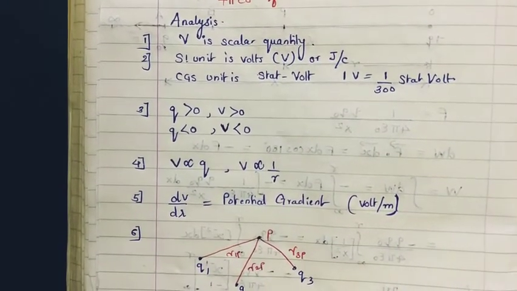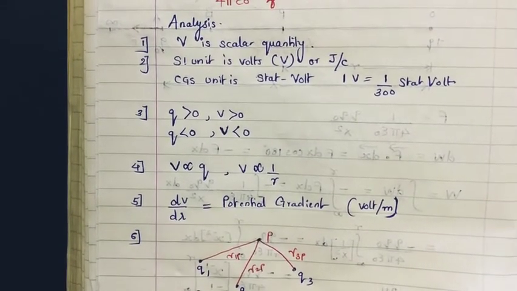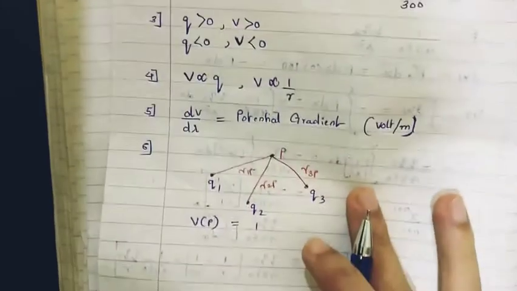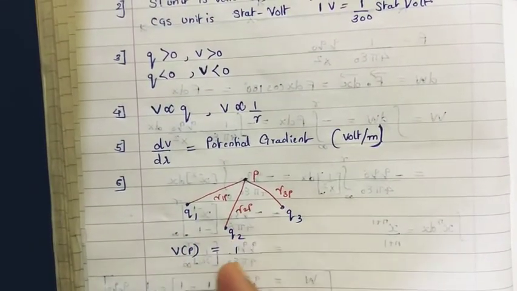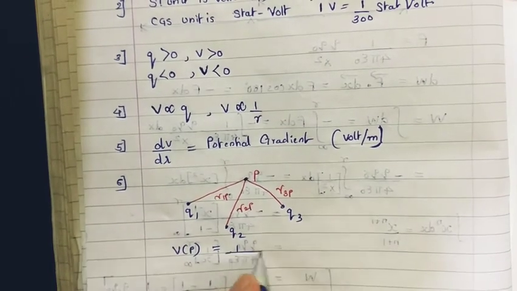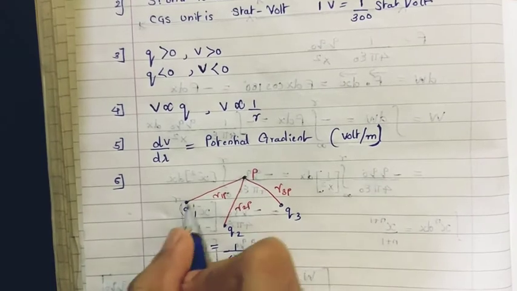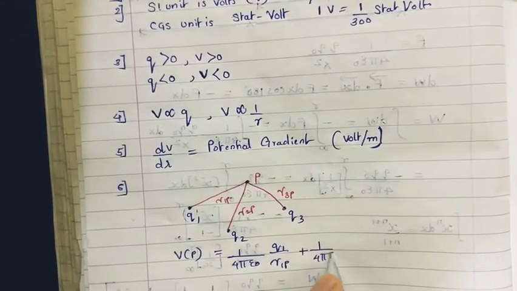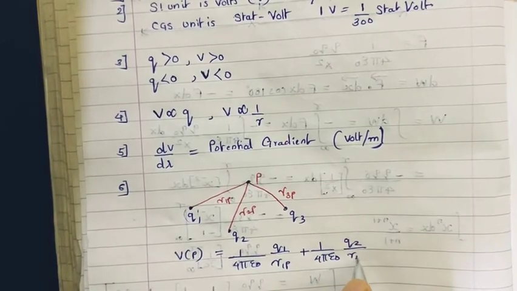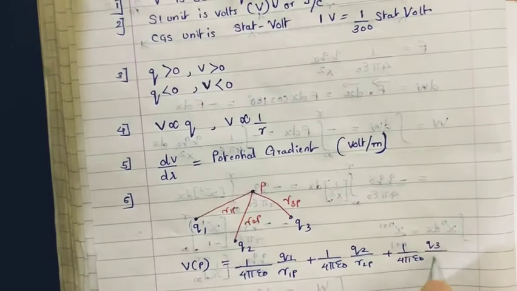Okay, so in this case, potential at this point P is given by, you have to take individually one each. So total potential at this point P, because it is a scalar quantity, just take the scalar addition. So it's going to be 1 upon 4 pi epsilon naught Q1, the first charge is producing, divided by the distance r1P, plus 1 upon 4 pi epsilon naught Q2 upon r2P, plus 1 upon 4 pi epsilon naught Q3 upon r3P.